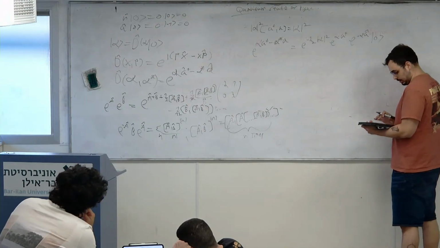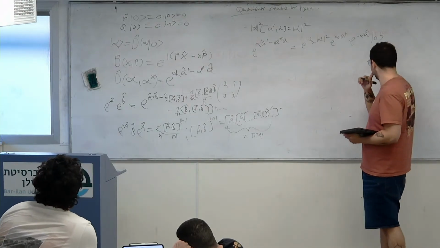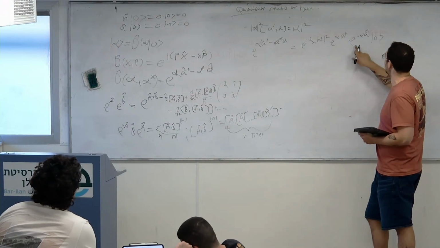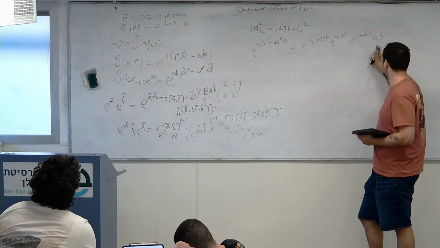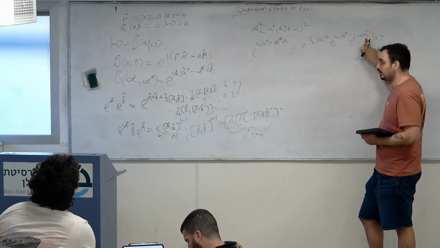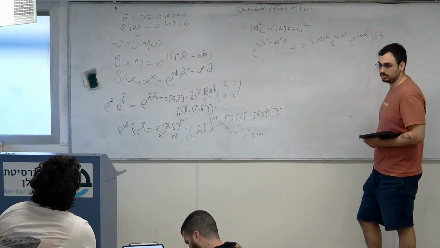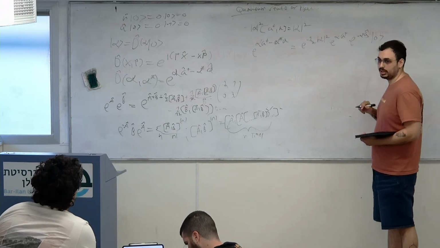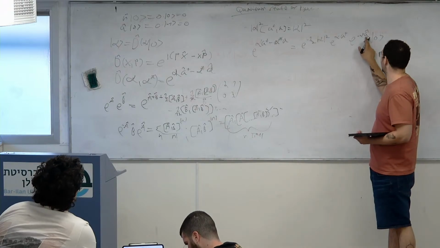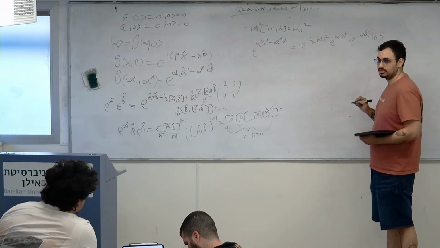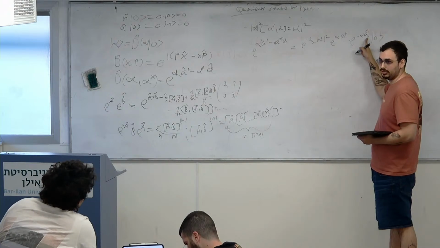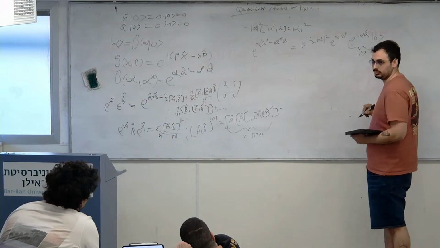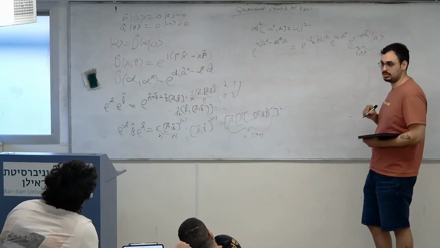Now there's a very important point here. An exponent of an operator acting on an eigenstate of the operator will just allow us to replace the operator with the eigenvalue. It's a special case for exponents. So instead of having an alpha over here, we can just put zeros. So the entire thing will just be equal to the state 0.